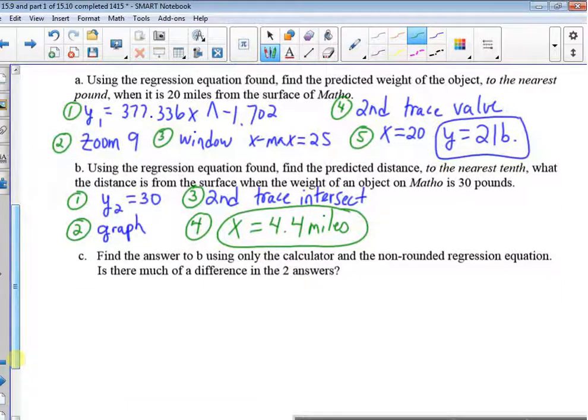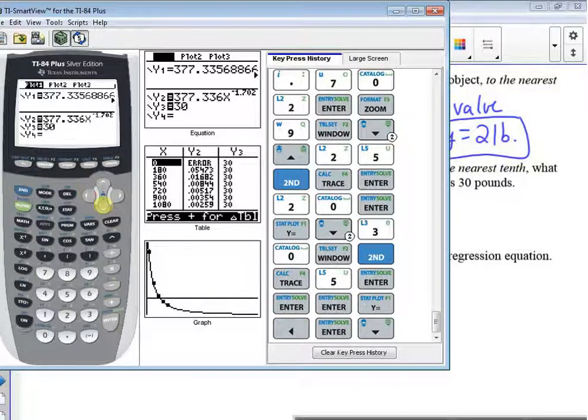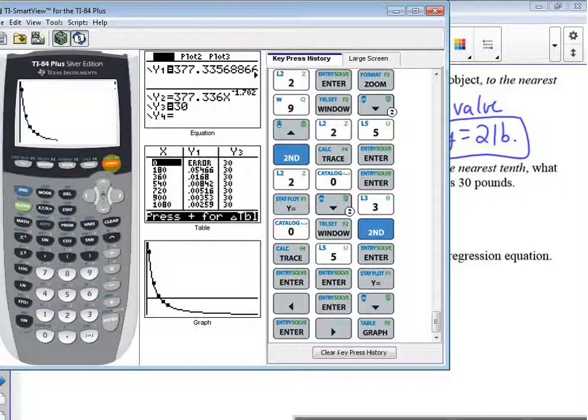And then find the answer to part B using only the calculator. See if there's much of a difference between the rounded answers. So the one we just did, that's why I kept that in y1. So now I'm just going to turn on y1 and turn off y2. You just go over the equal sign and you hit enter. So I'm turning that off, and then when I hit graph, we should still see the intersection.